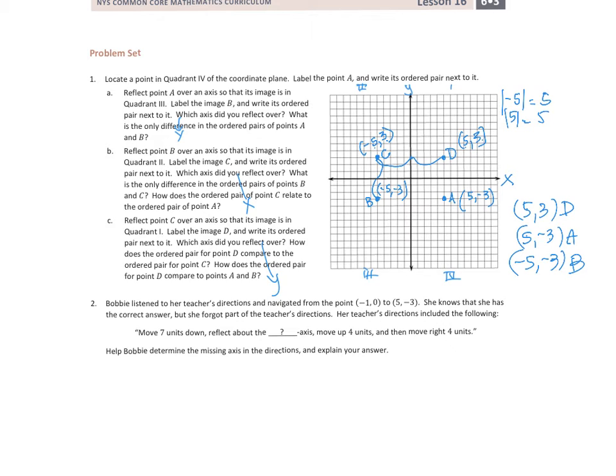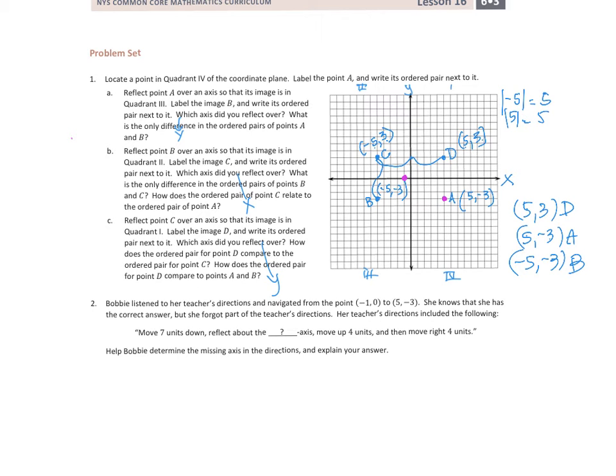What about 2? Bobby listened to her teacher's directions and navigated from the point negative 1, 0. I think I'll try a different color. Okay, so we go from negative 1, 0, boom, right there, to 5, negative 3. So I'm right there. Okay. She knows that she has the correct answer, but she forgot part of the teacher's directions.